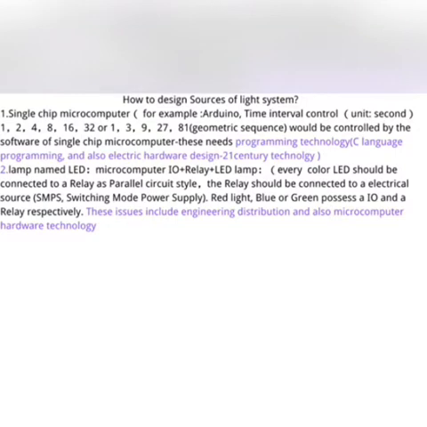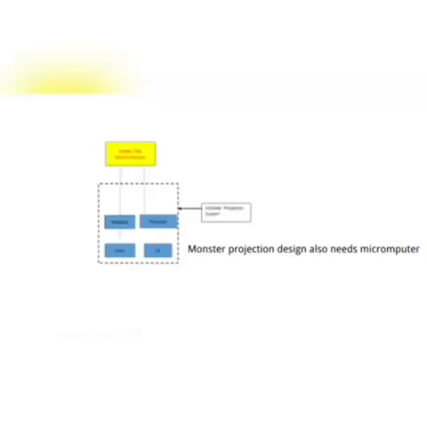This needs programming technology, for example C language programming, and also electric hardware design. That's 21st century technology. Another issue concerns the red, blue, green lights controlled by the hardware. That includes engineering design and microcomputer hardware technology.